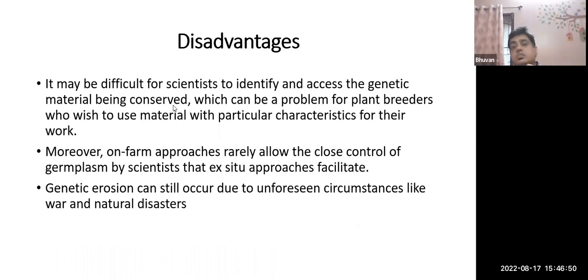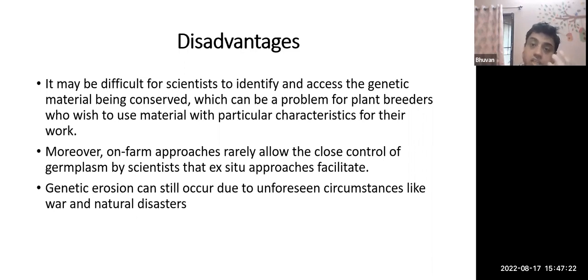Then we talk about the disadvantages linked with the in situ methods of conservation of the agrobiodiversity. Here it is difficult for scientists to address and assess the genetic material being conserved. A large amount of genetic material is being conserved, but some genetic erosion might occur, or the genetic material might not be bred very pure.